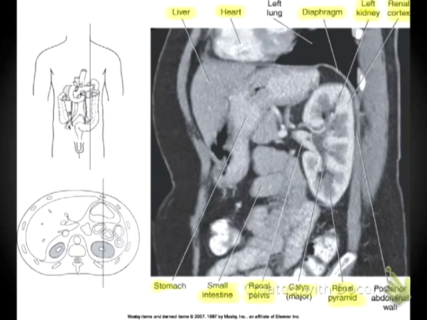Here's a better demonstration of the kidney as well. We have the medulla, which is the renal pyramids here, here, here, and here. We have the cortex of the kidney.